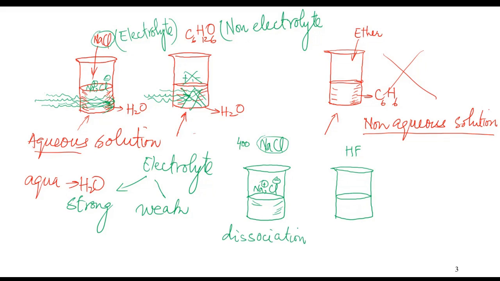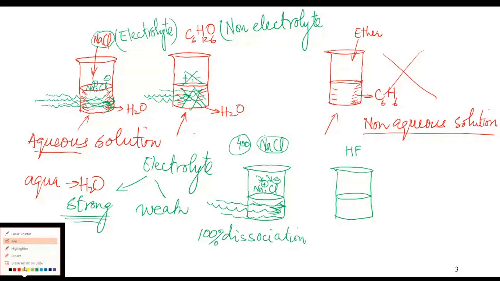So if all molecules change into ions, then we say its dissociation is 100%. So with 100% dissociation, more positive and more negative ions are present, so more electricity will pass. If more electricity passes, we say it is a strong electrolyte.